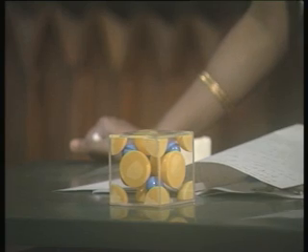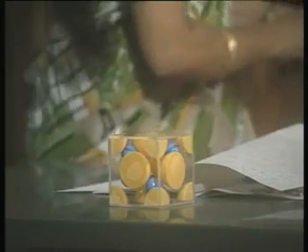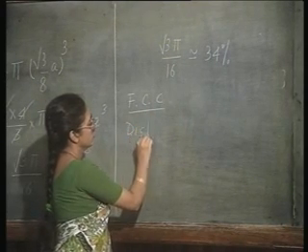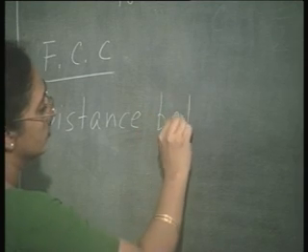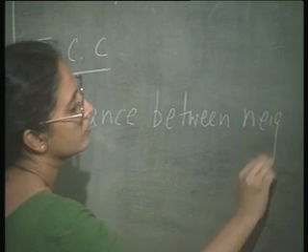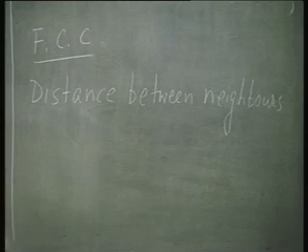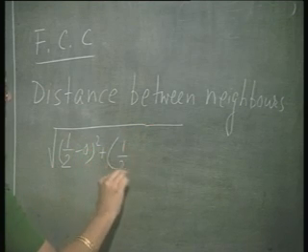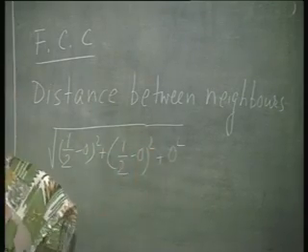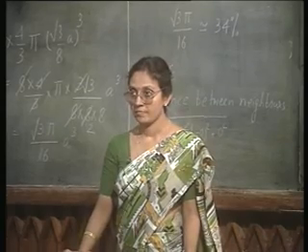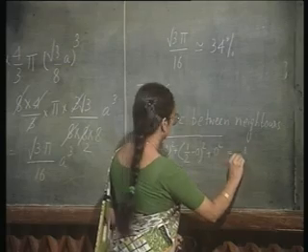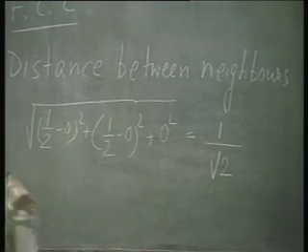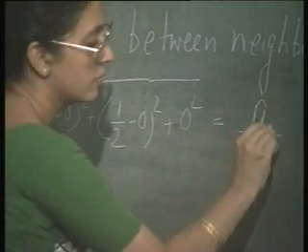So, the distance between the nearest neighbors can be calculated, and if I consider the crystal lattice constant to be a, then this is a by root 2.